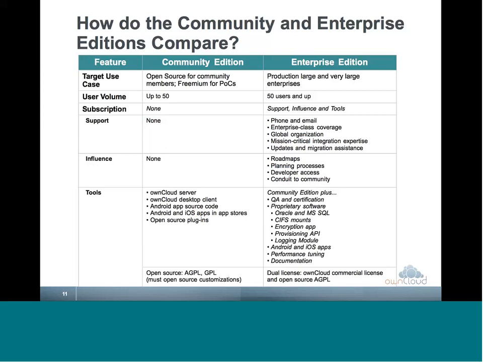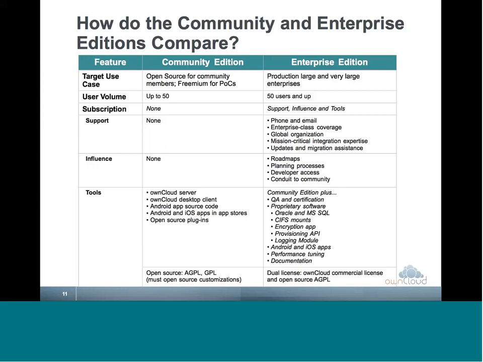That's one big piece of the difference between community and enterprise. But obviously, if you look down this list, it becomes fairly self-evident. If you're going to subscribe more than 50 users to this service, the subscription gives you support, influence, and tools.